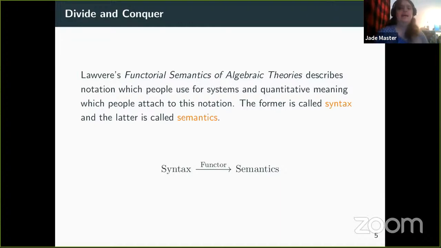The idea is that you have one category which represents the syntax of some type of network, and another category which represents its semantics, which is like its actual meaning or real world effects. And then what should connect them is a functor between the syntax and the semantics.